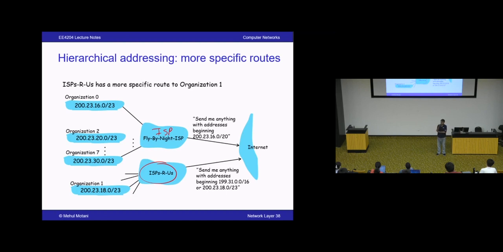And what do routers do? This is in the beginning. How do routers decide which interface to forward on? Longest prefix matching, right? So, because this is going to advertise the /23 route, this will win for organization 1. Okay, so routers here will have both that and the /23 route. And it will match the /23 route and give you the more specific route.